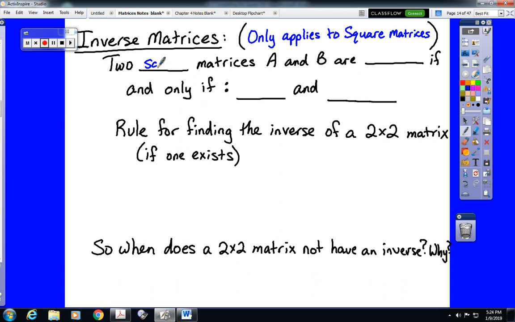So two square matrices A and B are inverses if and only if A times B is equal to an identity matrix and B times A is equal to an identity matrix. Notice how many times I'm underlining "and." Those both have to be true. A times B has to equal the identity matrix I, and B times A has to equal the identity matrix I.